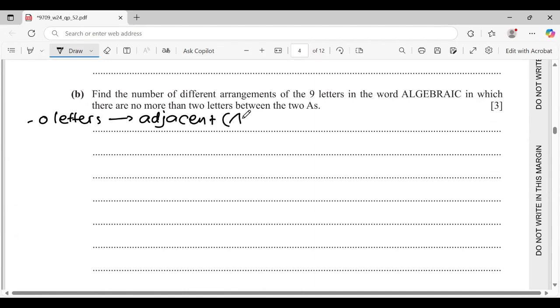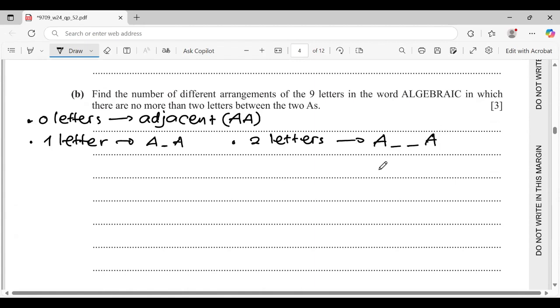It means A A. And after that, one letter, such as one letter between A and A. And after that, two letters, like A, two different letters, A. Right.